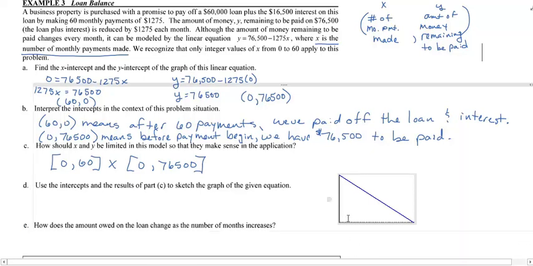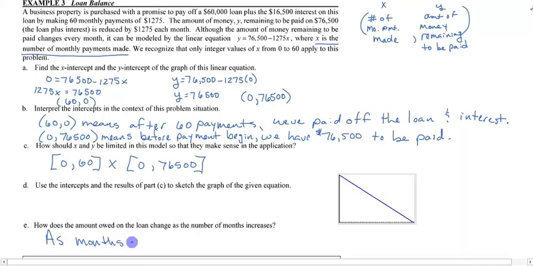As the X increases, it goes to the right, then the Y is decreasing. So as the months increase, the balance decreases.